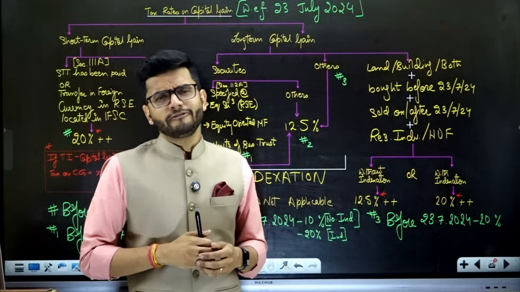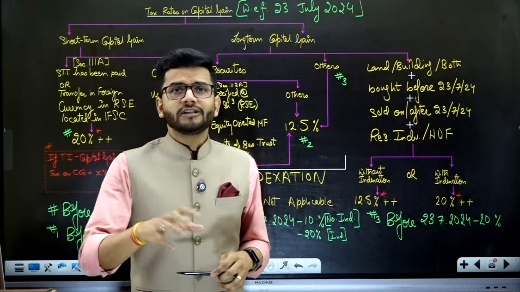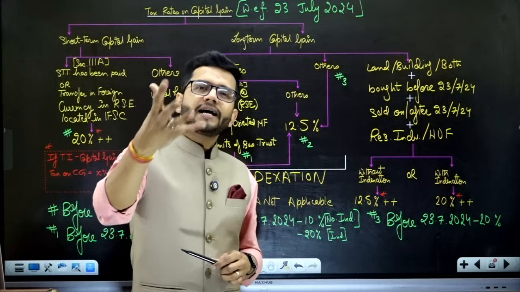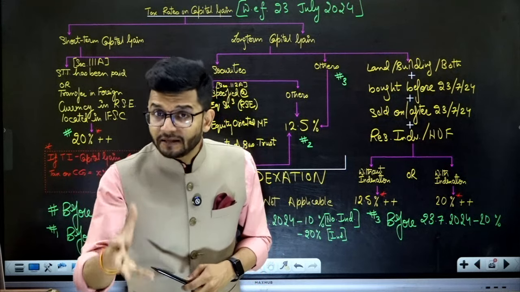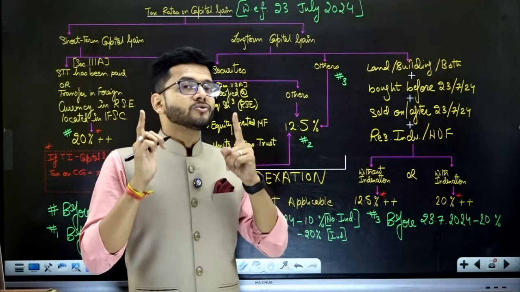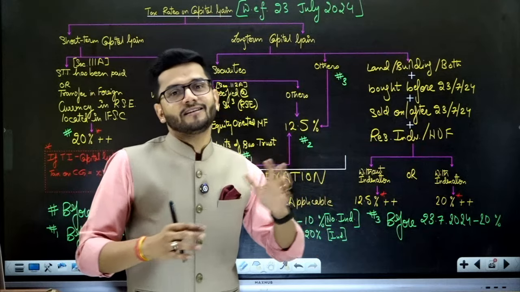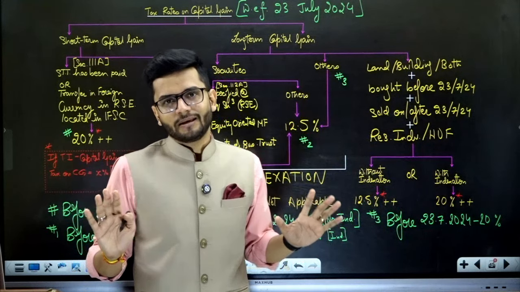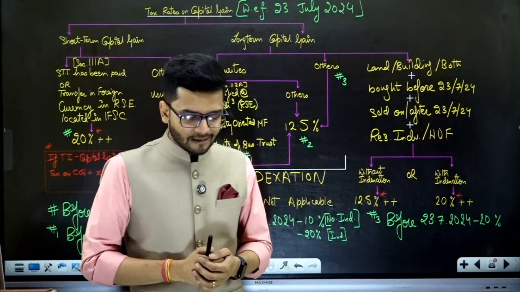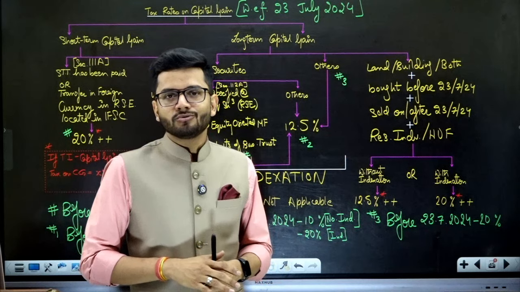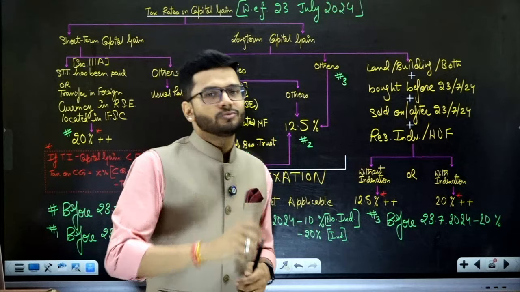Yes, guys, this is a pain point for sure that you have to remember two different tax rates. But to the best of my knowledge and experience, most likely the examiner is going to ask you the new tax rates only, which means after 23rd July 2024, most likely. Okay, but nothing is certain. So I would recommend all of you to remember both the old as well as the new tax rates.